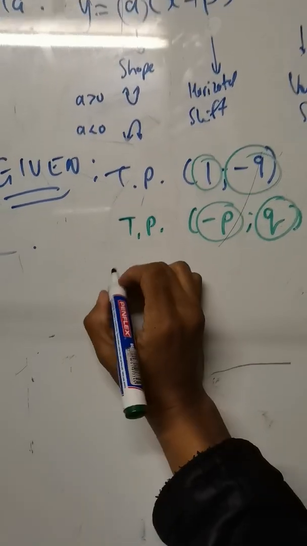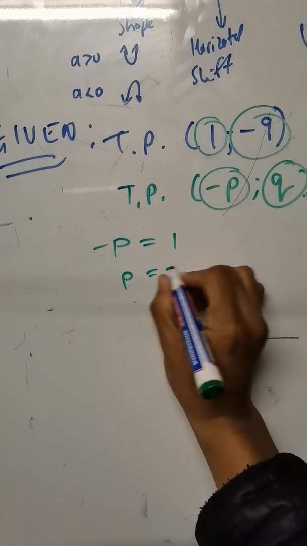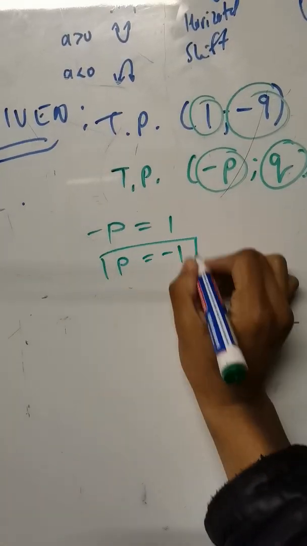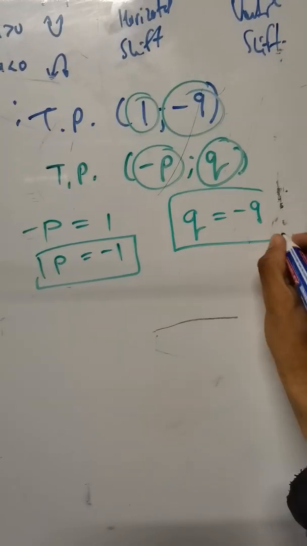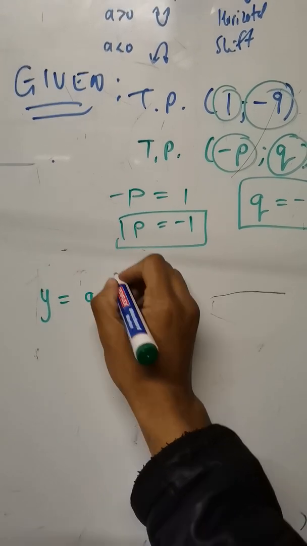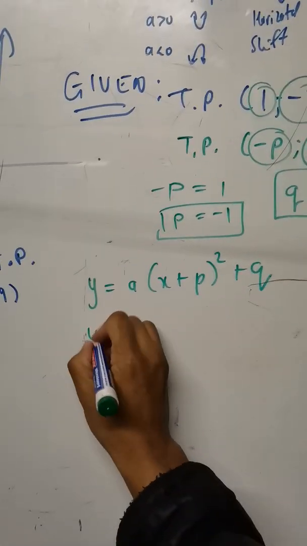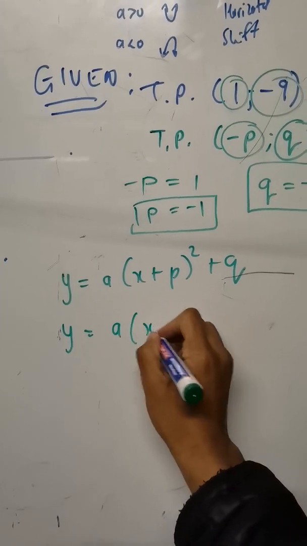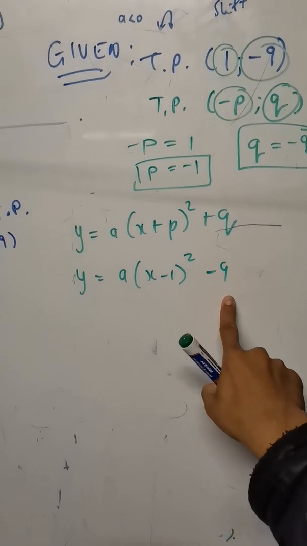If -p is equal to 1, that means p is equal to -1, and therefore q is equal to -9. Then in our general formula of the parabola, y equals a(x + p) squared plus q, we have y equals a(x - 1) squared minus 9.